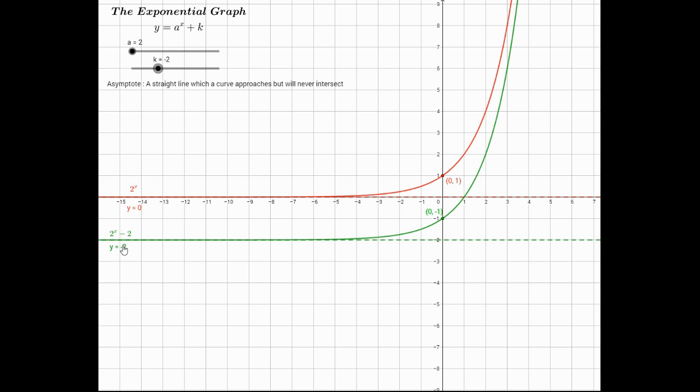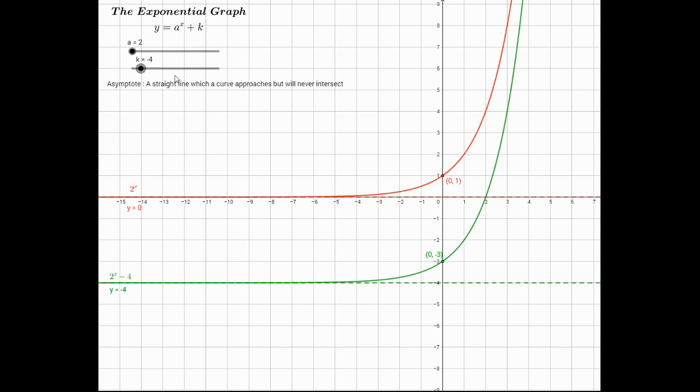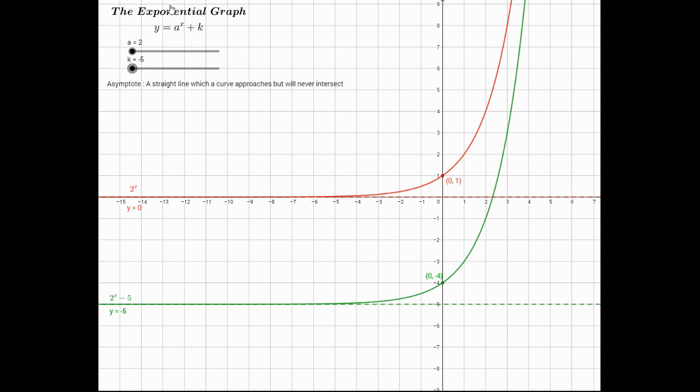So meaning, when k is negative 3, asymptote is negative 3, but the y-intercept would be 1 greater, so negative 3 plus 1 is negative 2. And I hope that gives an insight into the behavior of the exponential curve or the graph as we change the base and we change the constant.